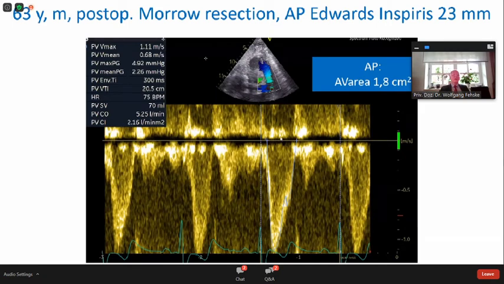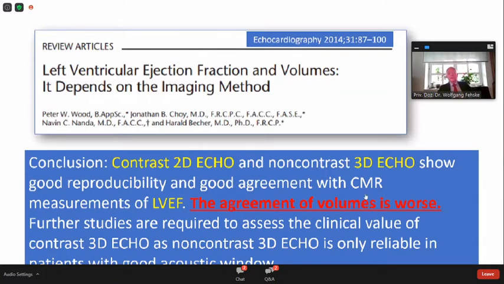So we are quite happy that in this specific patient, the 23 millimeter prosthesis has an opening area of 1.8 centimeters squared. It is difficult, and must be decided in each patient individually, if you can accept the method of calculating the stroke volume in the left ventricular outflow tract or in the right ventricular outflow tract.